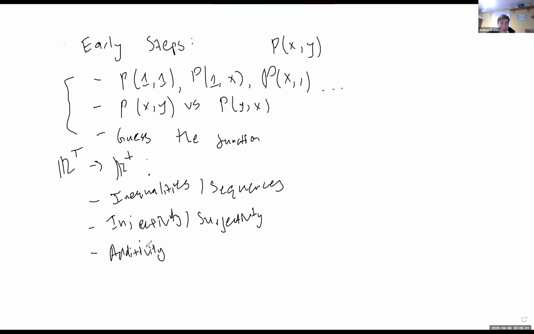Now, the thing with additivity, which basically means you end up forcing something of the form f of x plus y equals f of x plus f of y. If you can force something like this, and you know that f of x is bounded in the positive real numbers, this equation actually implies that f is always equal to some constant c times x.